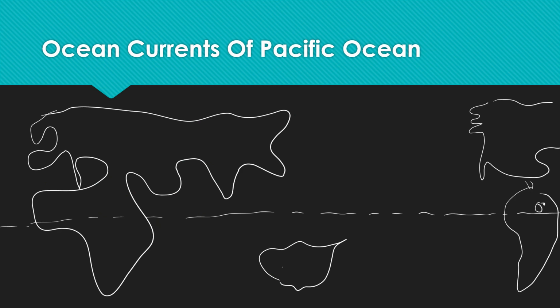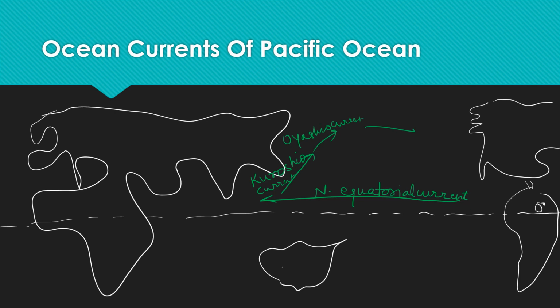Now the Pacific Ocean currents. In the Pacific Ocean also we have the same currents. We have the northern equatorial current, the most important one. This northern equatorial current will move towards the north direction, and that is known as the Kuroshio current. These are warmer currents which are moving from the equator. Next one we have is the Oyashio current.